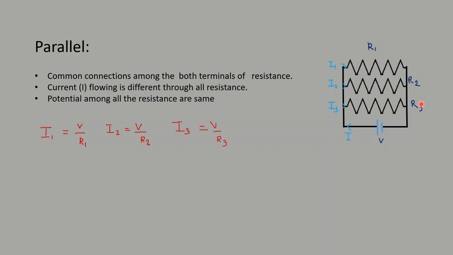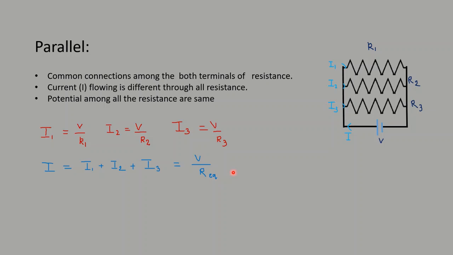And again, simply using Ohm's law, we obtain the current across each arm as I1 equals V by R1, I2 equals V by R2, and I3 equals V by R3. Simply adding up these equations, we obtain I, the sum of all the currents through each arm, equals V by R equivalent, same as what we studied a little while back.